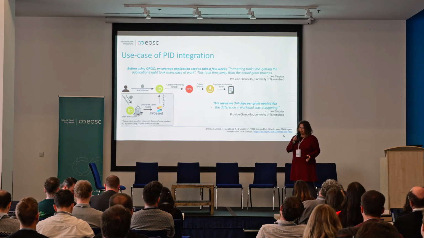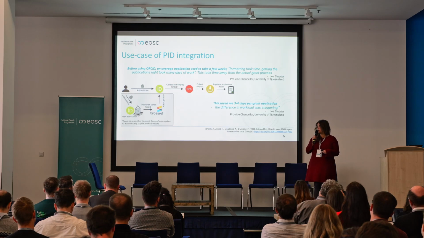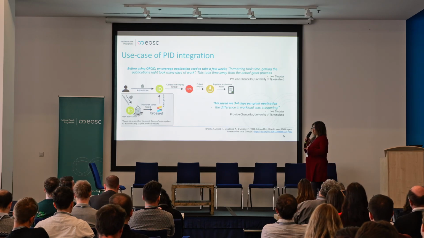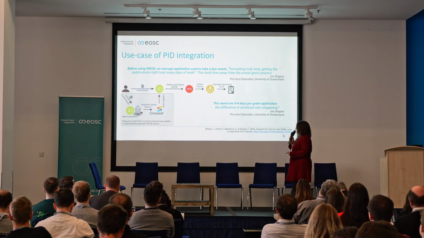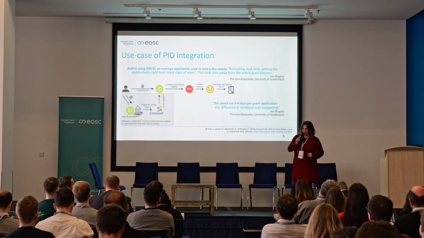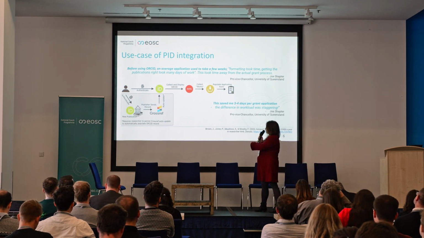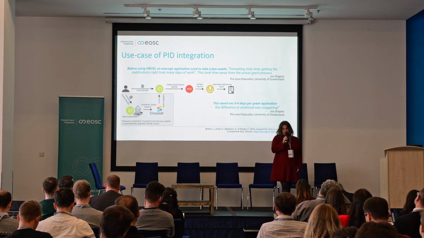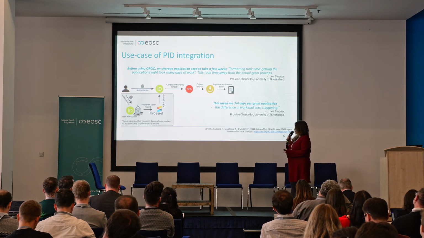So to put it in the context of a use case, there is a researcher from Australia who used to spend weeks on grant applications before using ORCID. But the situation changed for him. He started using an ORCID profile, allowed Crossref, one of the DOI registration agencies, to update his profile with the publications and other outputs he got there.